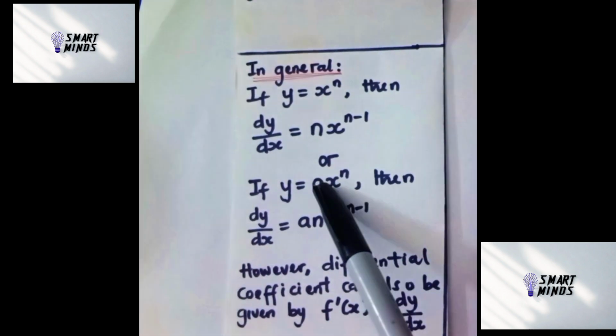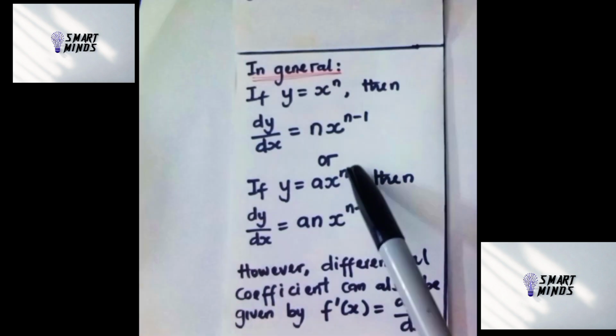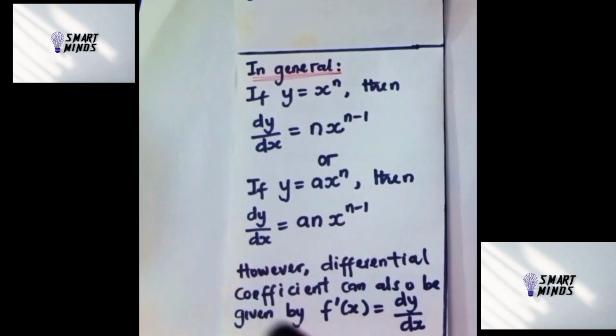So you multiply n by a and you have an, then you subtract 1 from the power. Remember, you are only doing two basic things: multiply the power by the coefficient, then subtract 1 from the power. Please do not forget that.